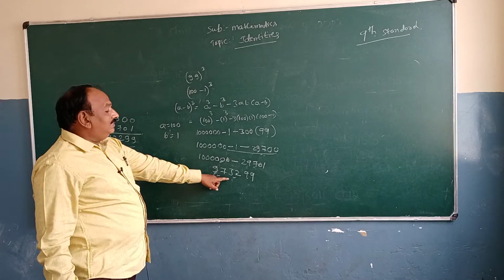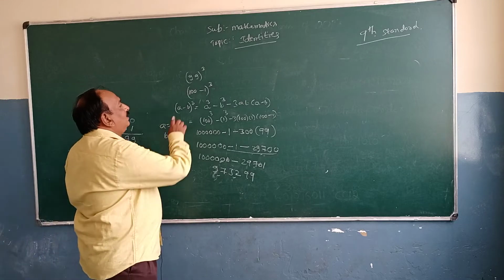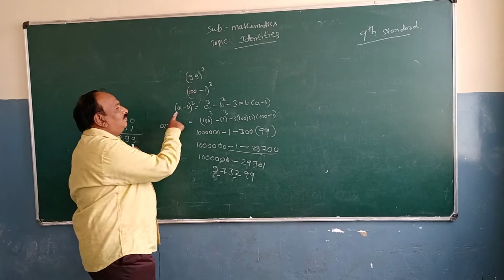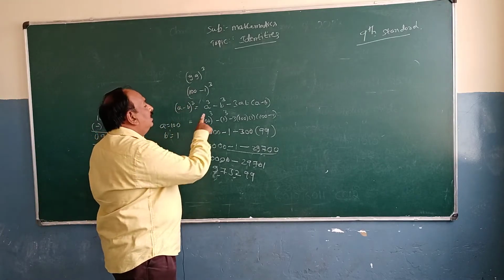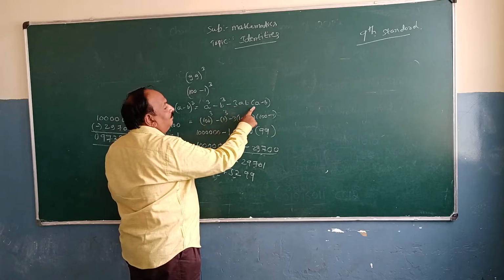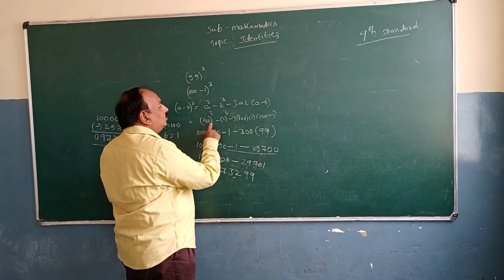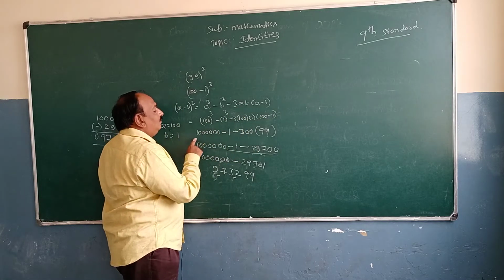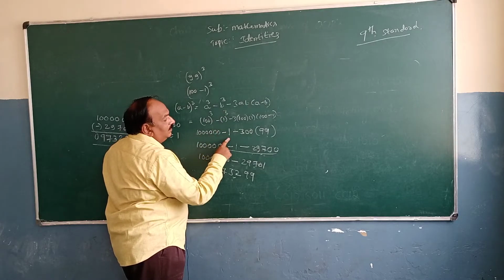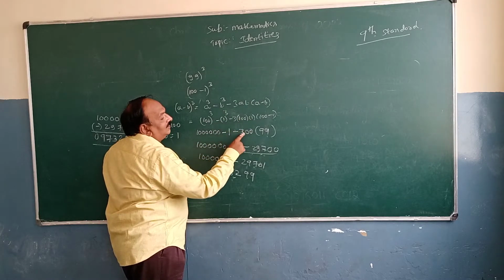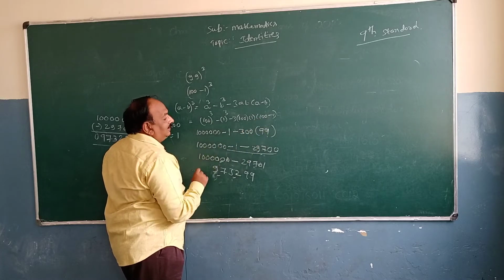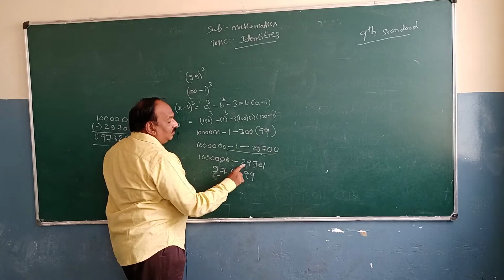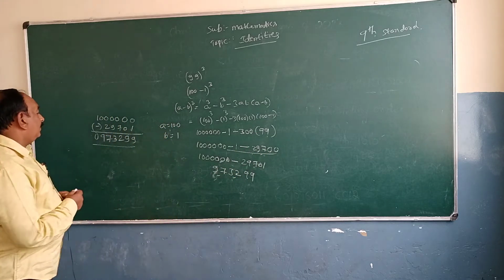When you multiply, you get this. 99 can be written as (100 minus 1) cubed, of the form (a minus b) cubed, a cube minus b cube minus 3ab into (a minus b). 100 cubed is 1 followed by six 0s, 1 cubed is 1, 100 threes are 300, into 99, that is 29,700 minus 1, 29,701.